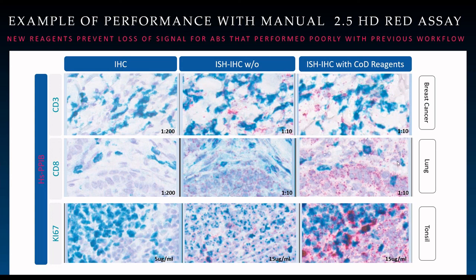So here, CD8 is a very significant antibody, especially when you're studying immune cells and inflammatory response. And we are now able to make this antibody compatible with our RNAscope ISH assay.